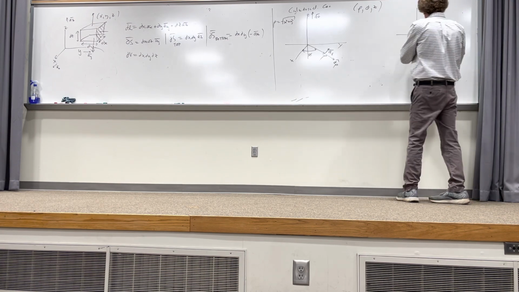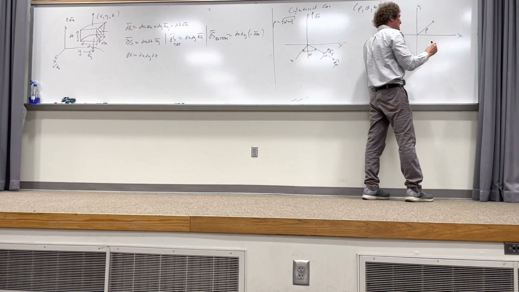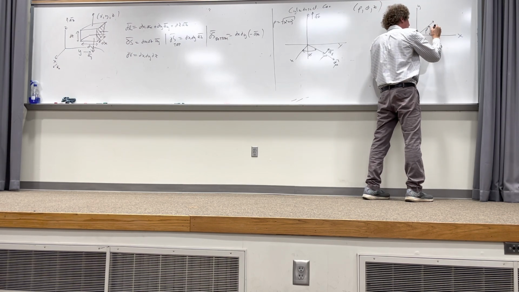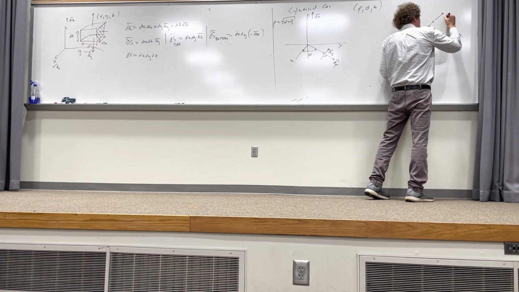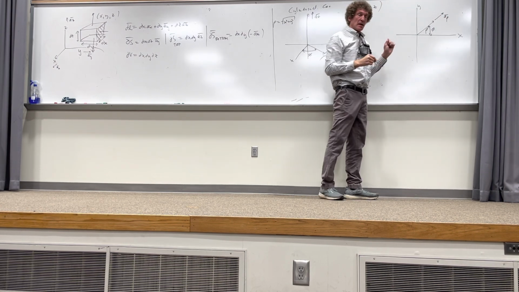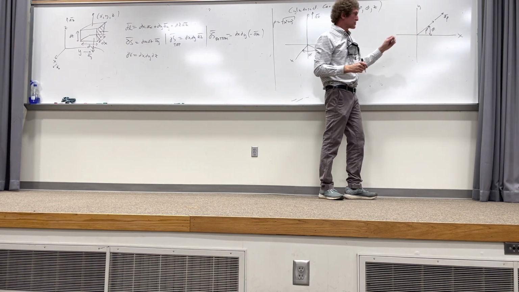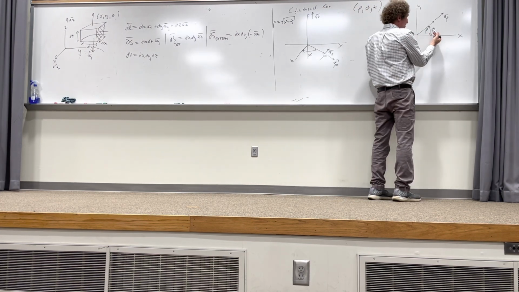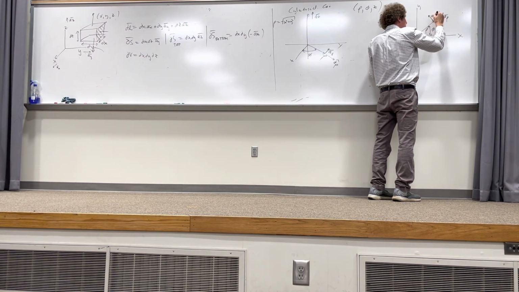Now, I'm gonna come out some distance, rho, and I can say this is the angle phi, right? Now, A rho is this way, right? And A phi, measured from the x-axis to rho, that's phi, and A phi will be in this direction.